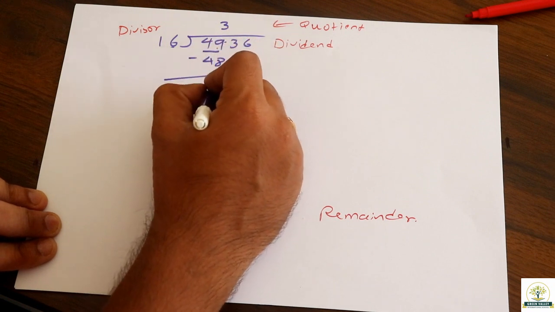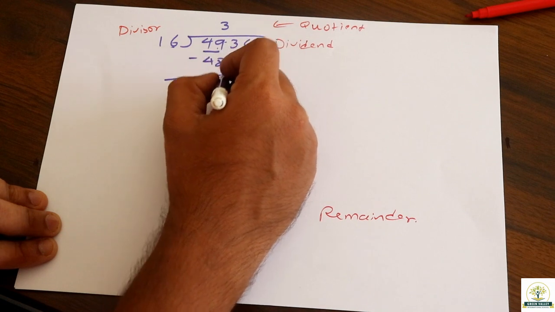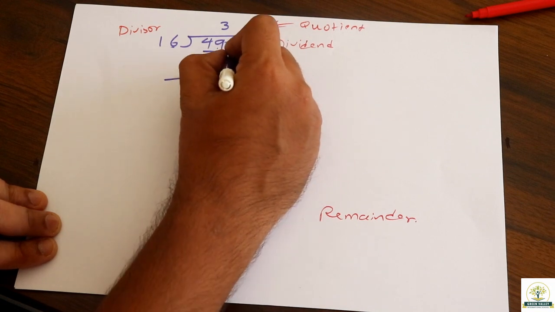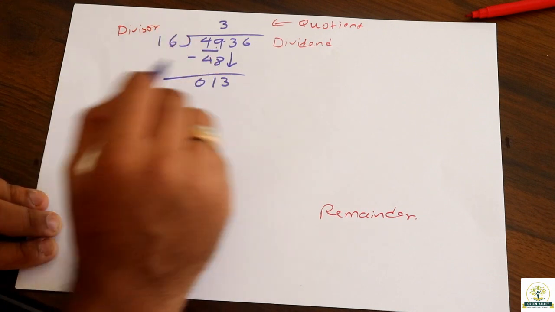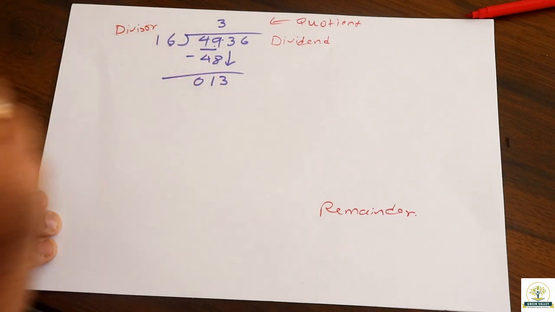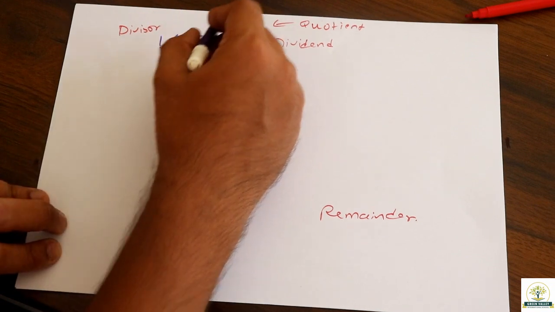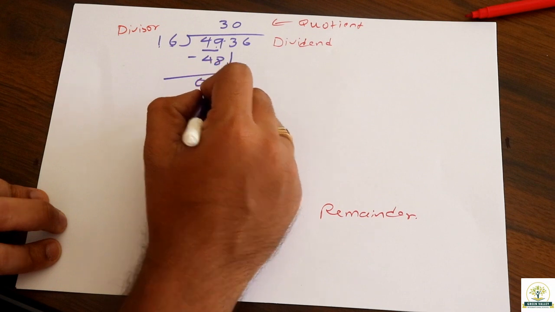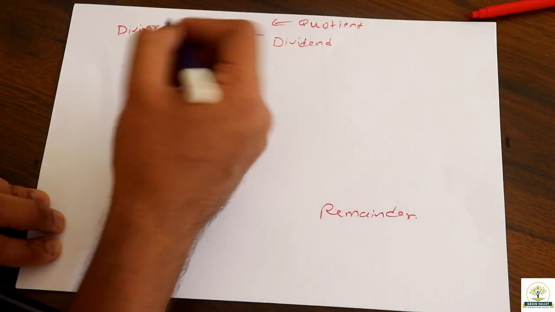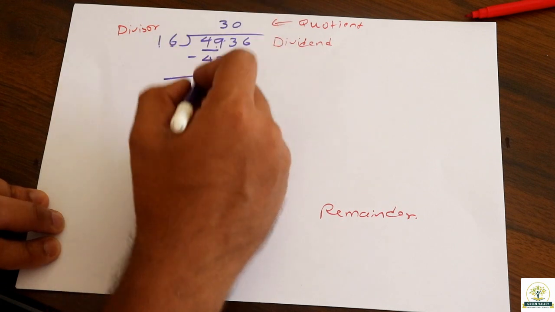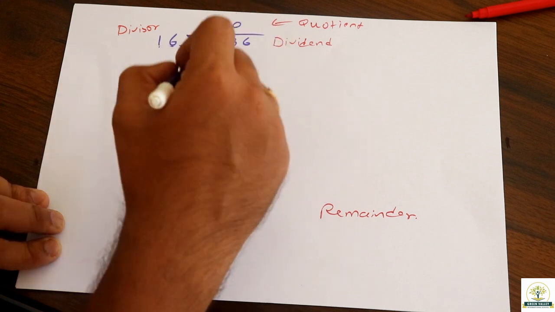So I will start with 16 threes are 48. Now 9 minus 8 gives you 1, 4 minus 4 gives you 0. Now 1 digit comes down, that is 3. Let us check 16 and 13, which one is the bigger number? 16. When the divisor is bigger, 16 zeros are 0, because 16 ones are 16, which is already bigger than 13. So 13 minus 0 is 13.